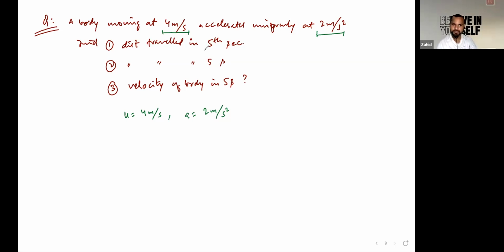So in the first problem, we have to calculate in the fifth second. It means it is defining a point of time or distance for consecutive seconds. Use the fourth equation of motion and put n equals 5. In the second question, you have to apply the second equation. Okay, Sabita?